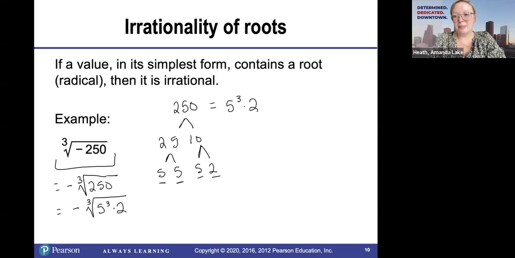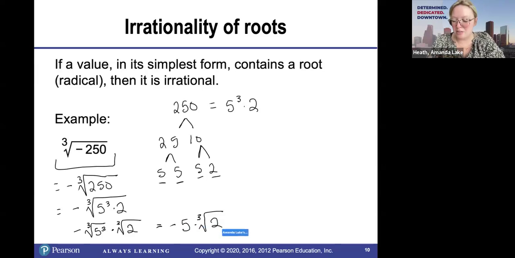Now, again, because the radical symbol is multiplicative, I will have negative cubed root of 5 cubed times cubed root of 2. So that's -5, because cubed root of 5 cubed is 5 itself, and times the cubed root of 2. So this is going to be an irrational number because we have our root symbol in the simplest form.